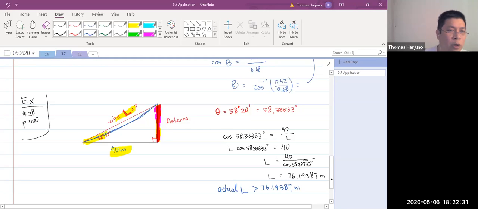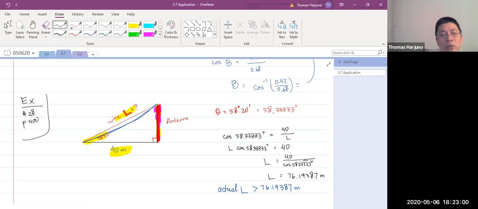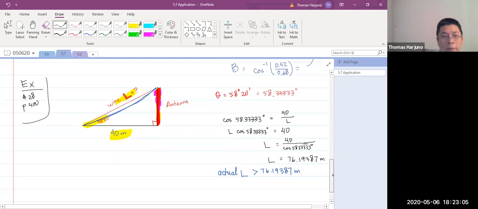To answer that question, we're supposed to do something called hyperbolic trigonometry. I think it has something to do with hyperbolic cosine or hyperbolic sine. I don't remember off the top of my head. There's actually a formula for that though. But at least we answered the question here that the length of the wire will be 76 point something. The answer in our book is 76.2 meters, but that's because they rounded to the nearest tenth of a meter.